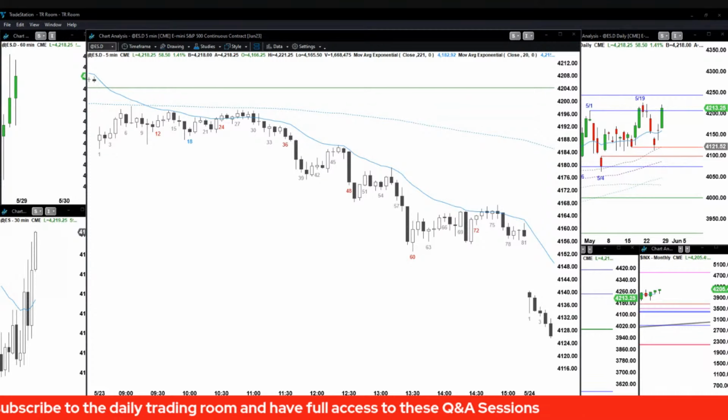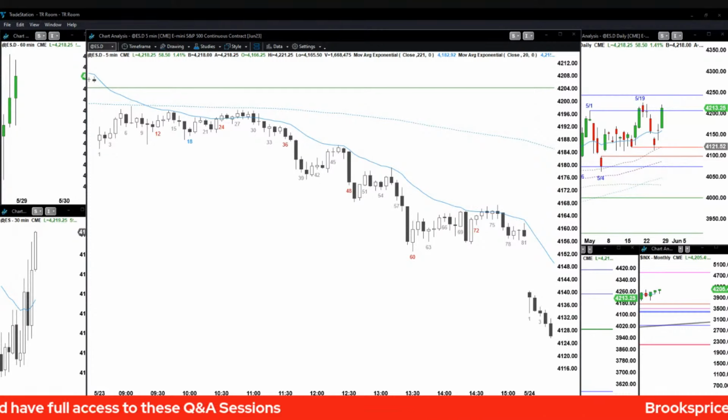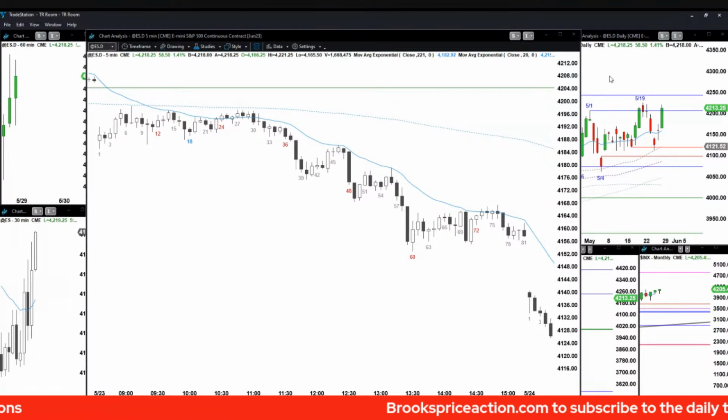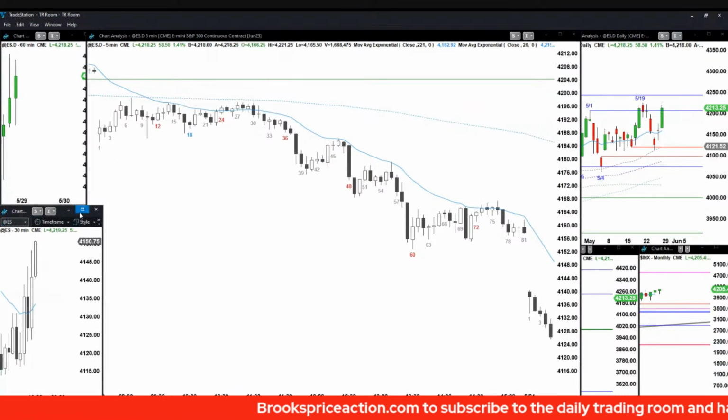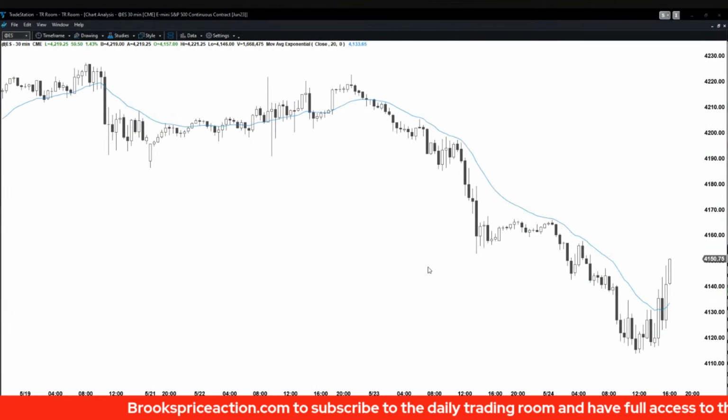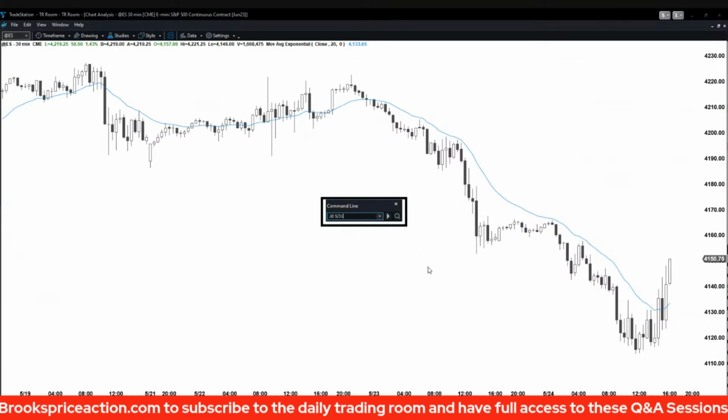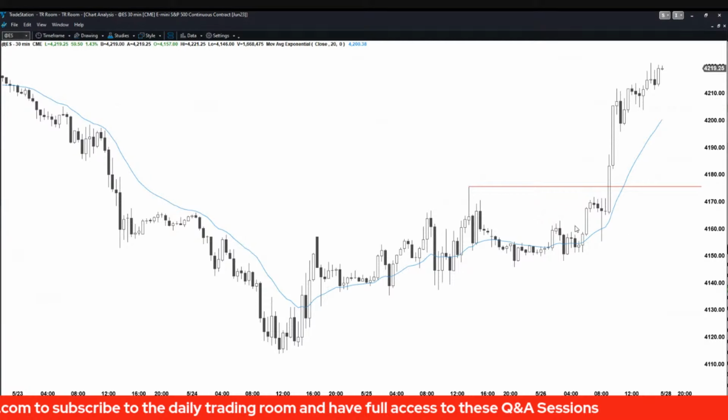And that's similar to what we had on the open today, or what we had on the open on the 30-minute chart. Tight trading range, strong bull breakout on the open, and it led to a trend day.